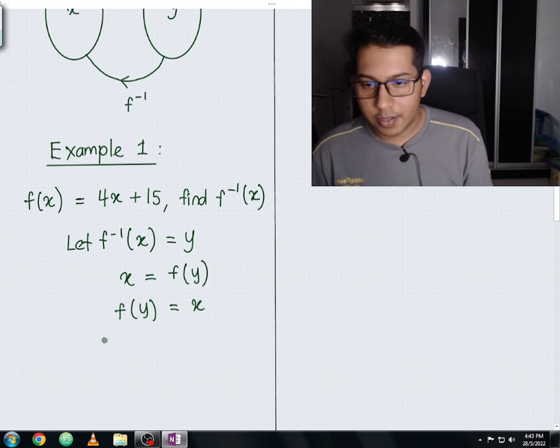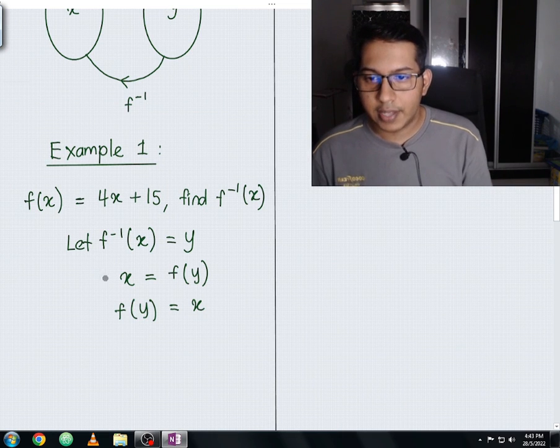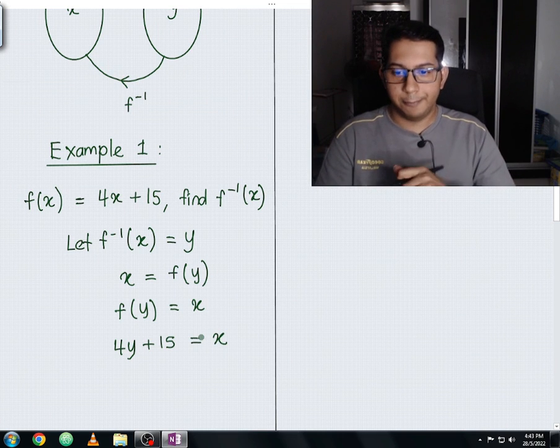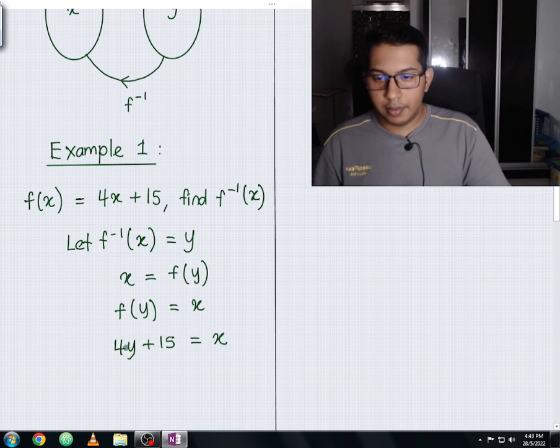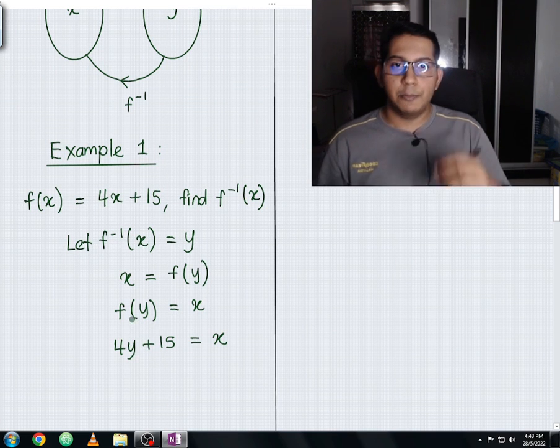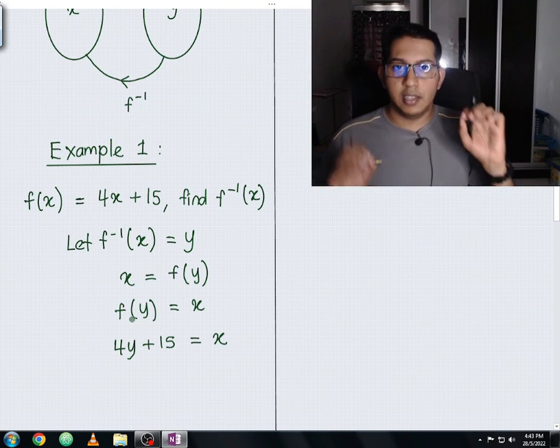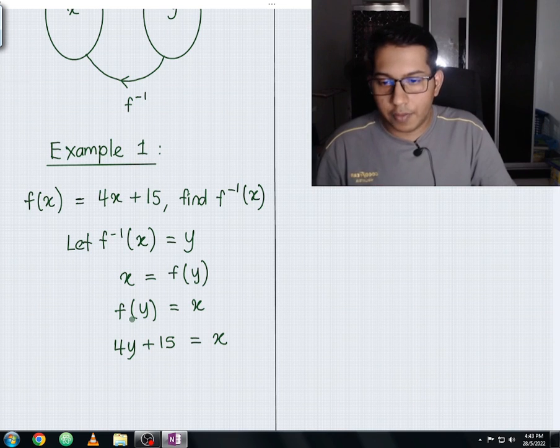Since you're substituting y into this f(x), 4y plus 15 will be equal to x. Since we let our f inverse x equal to y, we need to come up with an equation where y is in terms of x. That is the objective of this working.